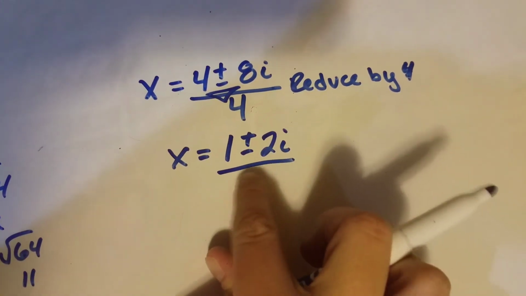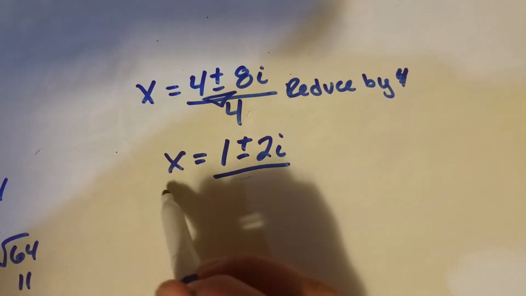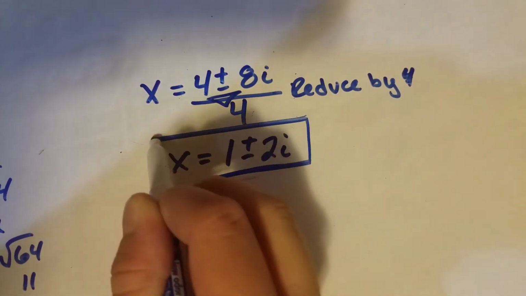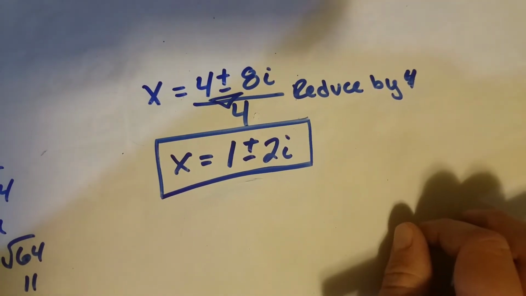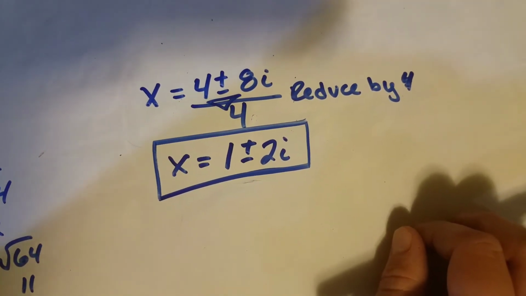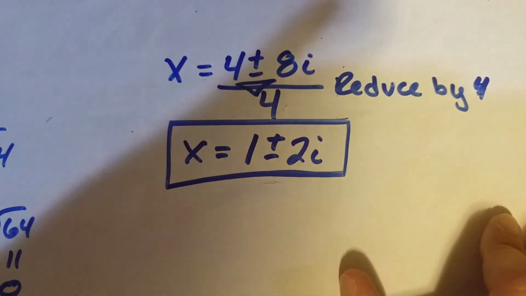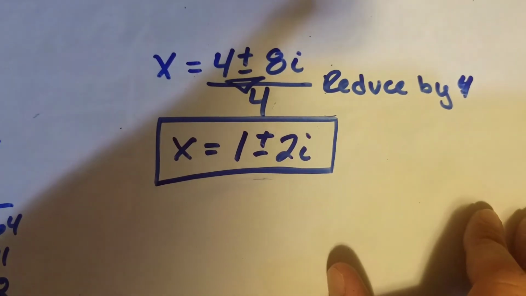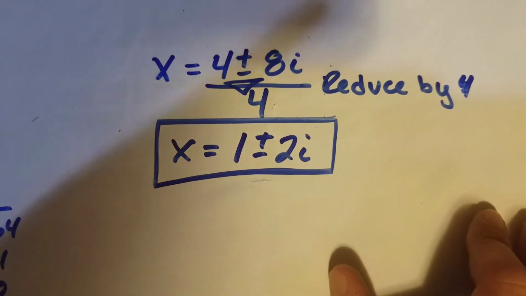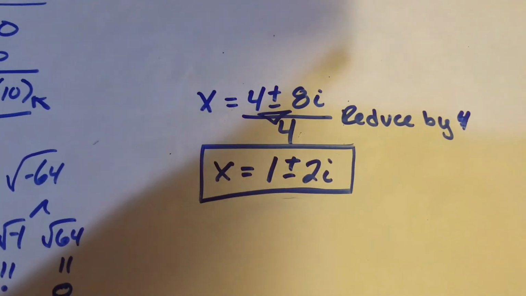We usually don't write that, so I'm going to get rid of it. And then since 1 and 2i are not like terms, that is where we stop. Okay, so that's our answer: 1 plus 2i and 1 minus 2i. So we have 2 complex roots here.